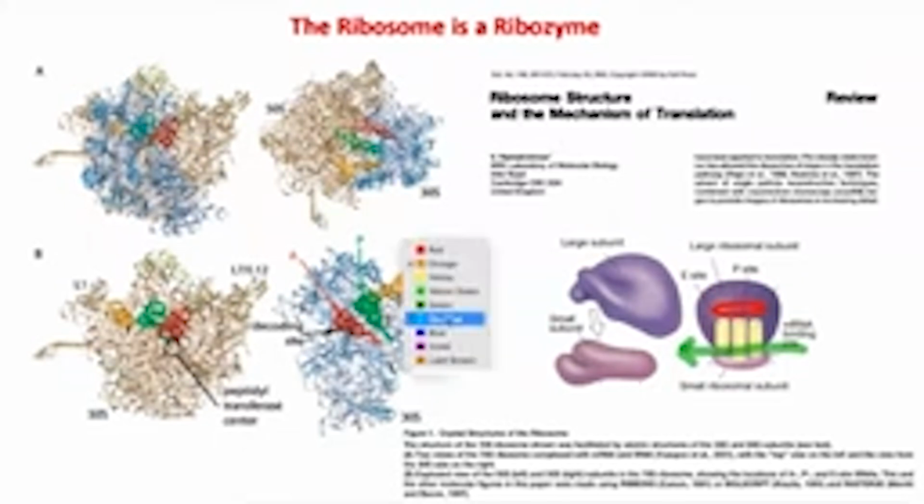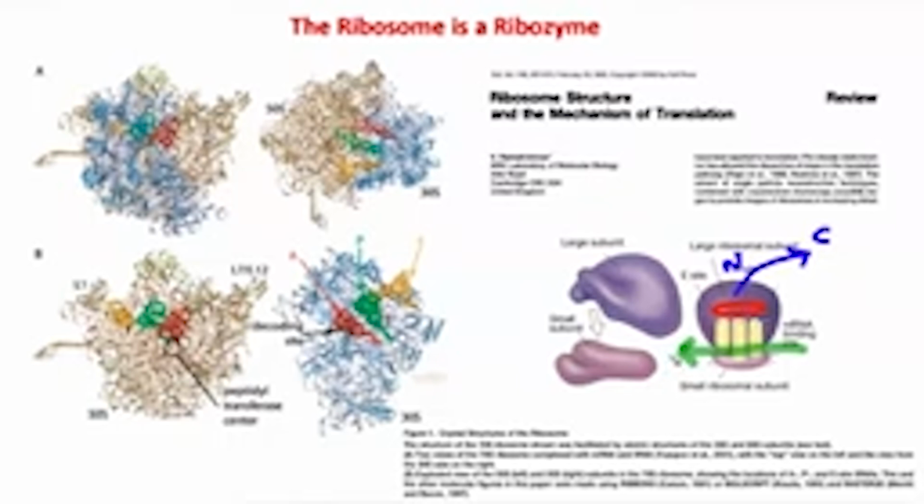And now I'll just change it to blue. And the protein will basically come out over here, N terminus to C terminus, from the top of the large subunit. Fine. So in a single slide, I'm giving you a broad picture of what the large complex looks like, its shape. I'm showing you actual X-ray crystallographic structures, showing you the A site over here, the P site over here, and the E site.